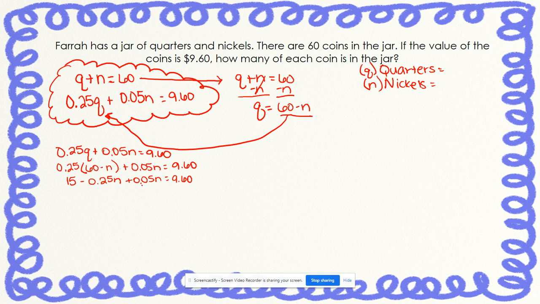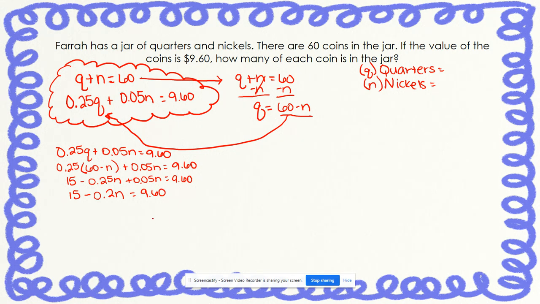Now I need to combine my like terms on this side of my equation. 15 doesn't have a like term, so I'm going to rewrite it. And then if I do negative 0.25N plus positive 0.05N, I get negative 0.2N, or minus 0.2N. And again, all of this is still equal to 960.